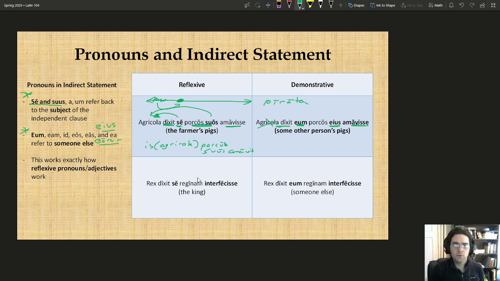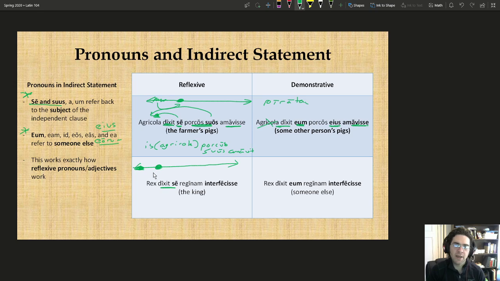So let's just take a look at one more example just to get a really firm understanding of how this works. So we have the king instead of a farmer this time. He said that he killed the queen. So if we take a look at our arrow again, we still have a past time verb here, dixit, but we also have another perfect infinitive here.